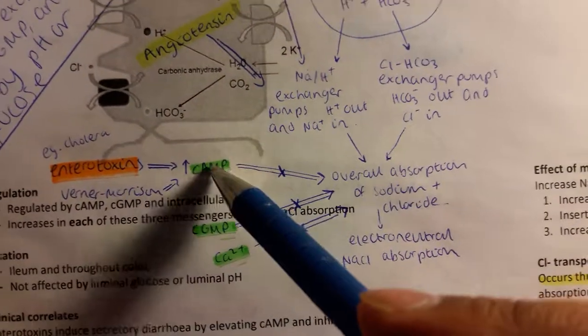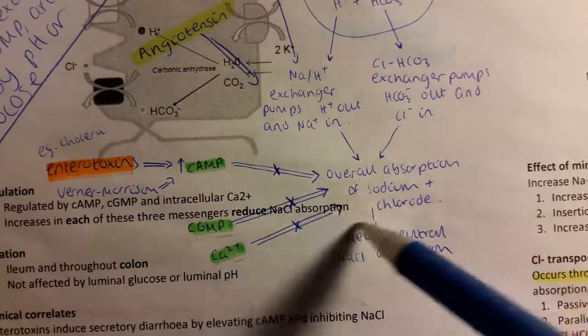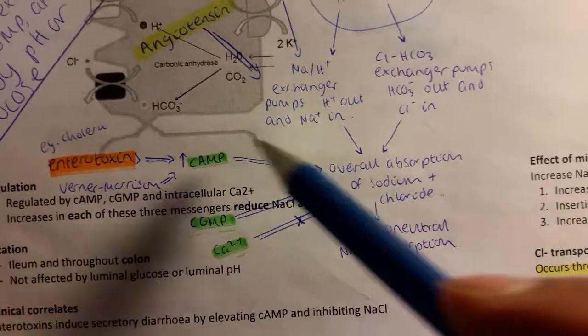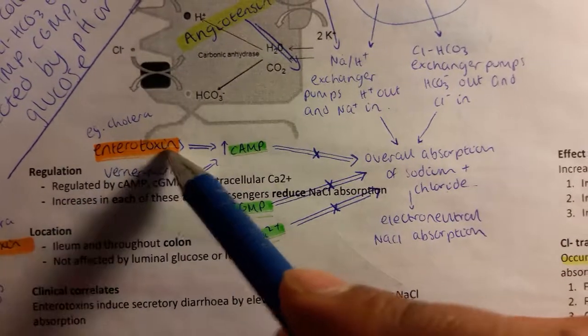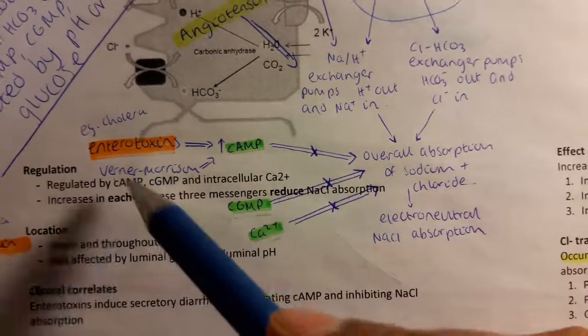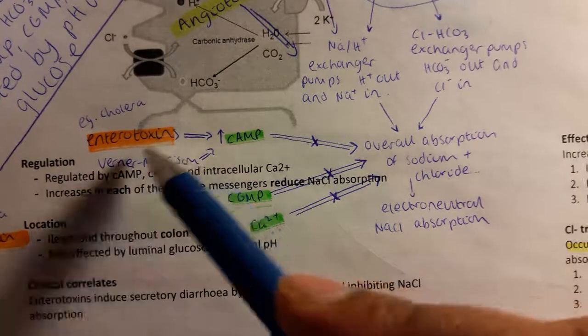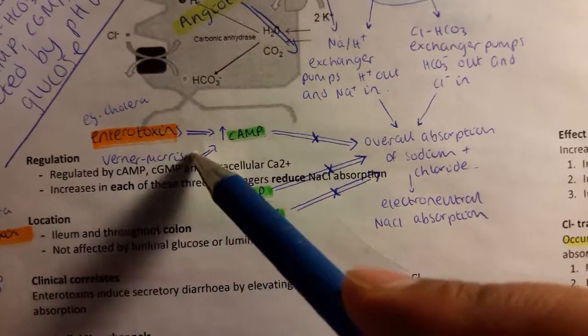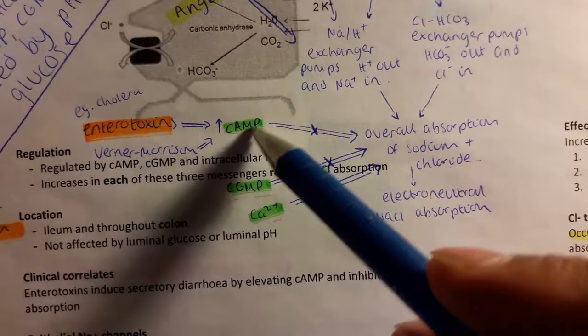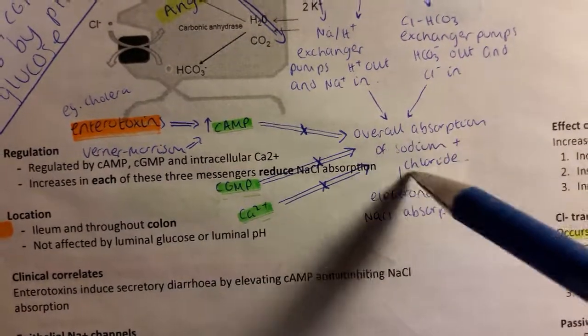And cAMP is the main mechanism by which the absorption of sodium chloride is inhibited. And what can cause an increase in cAMP? Well, enterotoxins and Werner-Morrison syndrome, which I'm going to talk about in a second. So enterotoxins and Werner-Morrison syndrome cause an increase in cAMP, which inhibits the absorption of sodium chloride.